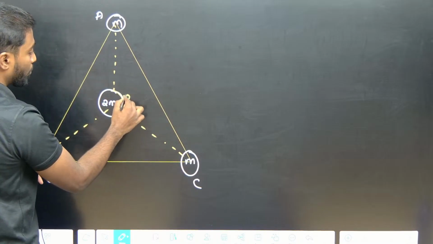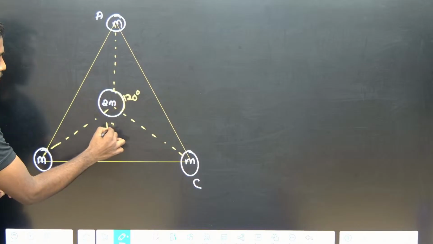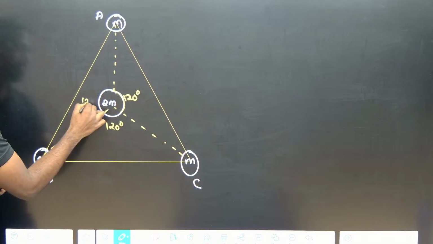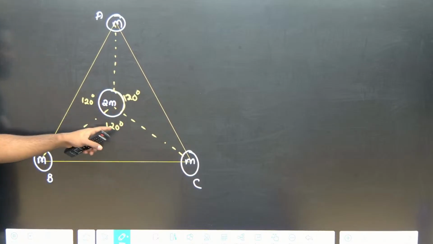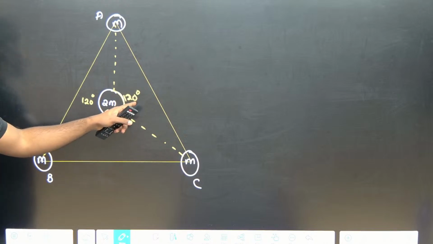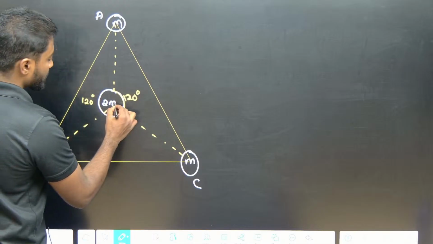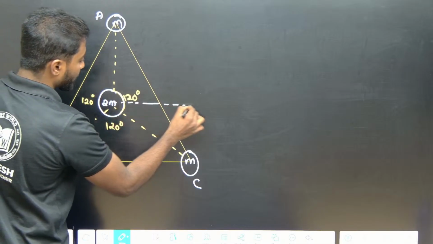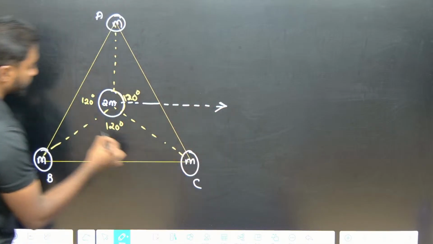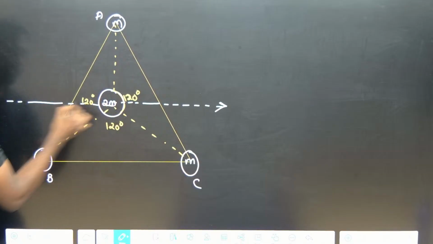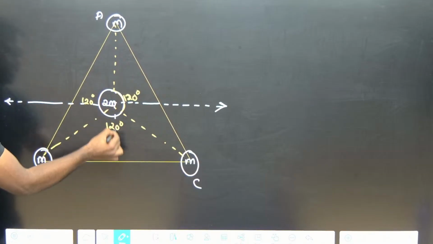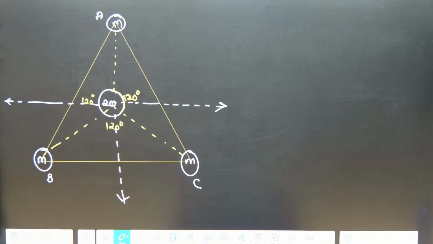120 and this is 120. So 120 plus 120 is 240, 240 plus 120 is 360. So the total is 360. This is my x axis and this is my minus x axis and this is my y axis.